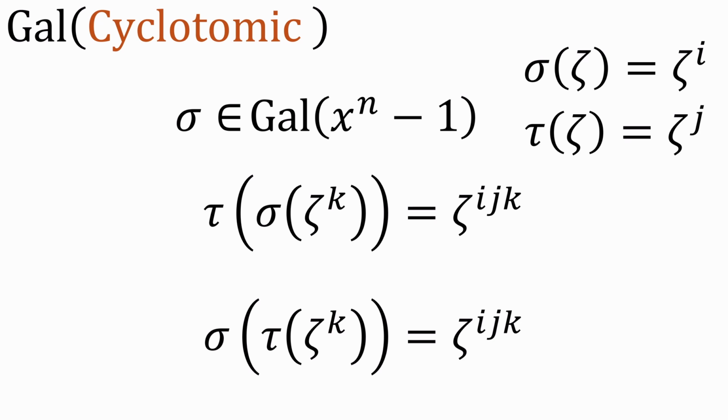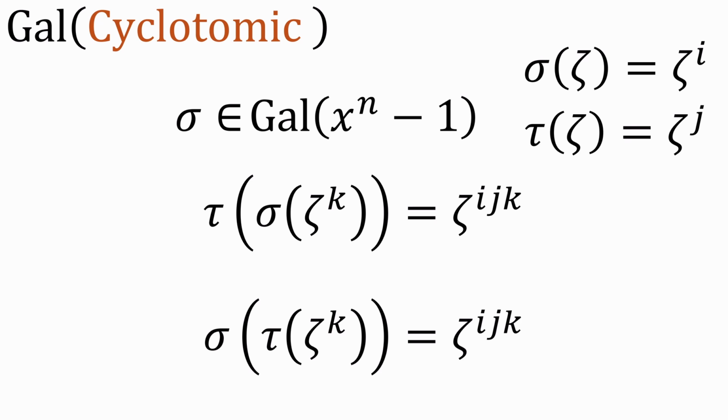What we've shown is that for the Galois group of any cyclotomic extension, the order in which you apply permutations doesn't matter. We say that the permutations are always commutative. Recall we had a special name for groups like this, abelian groups. The Galois group of a cyclotomic extension is always abelian.